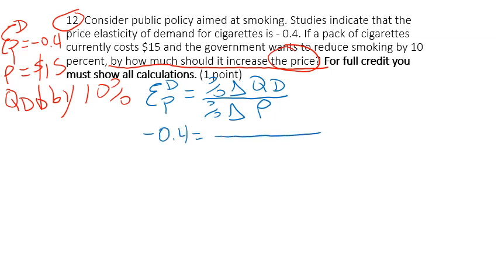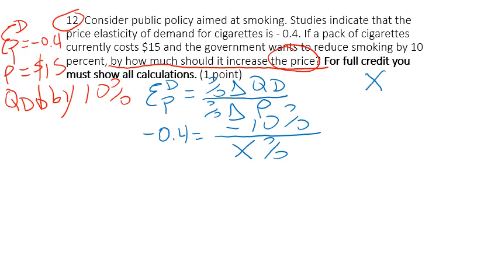We're also told that the government wants to decrease the quantity demanded by 10%. So in the numerator should read minus 10%. And in the denominator, the percent change in the price. Well, that's the unknown, right? So we'll put it this way: X percent.